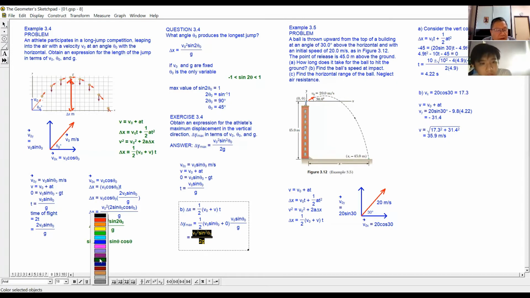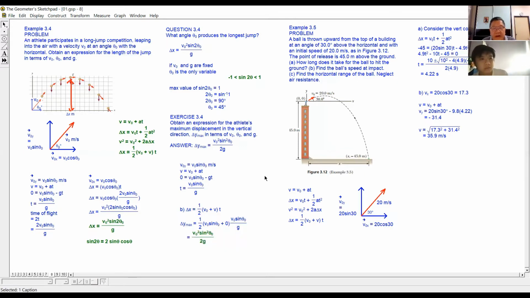Make it a different color and bold, then you can see it better. So if you know the initial velocity, let's say 10 meters per second, you substitute this number, and if you know the angle of projection, let's say 45 degrees or maybe 20 degrees, you substitute inside this formula, and you can find the maximum height the object can achieve. So this is it.